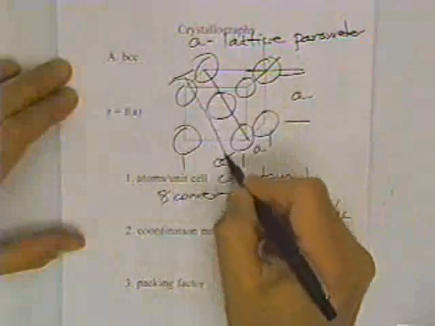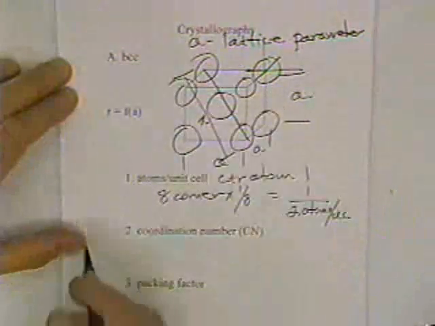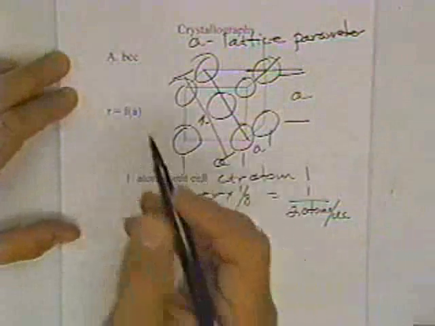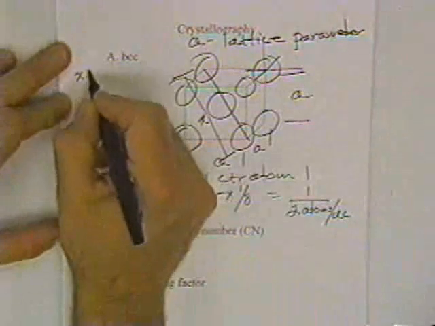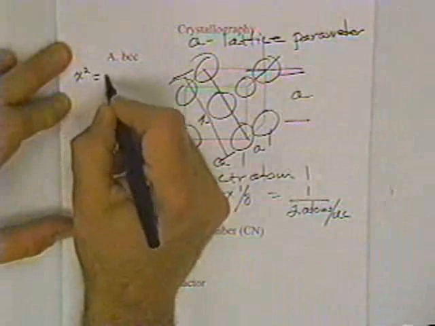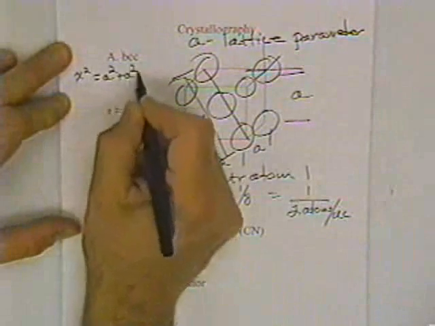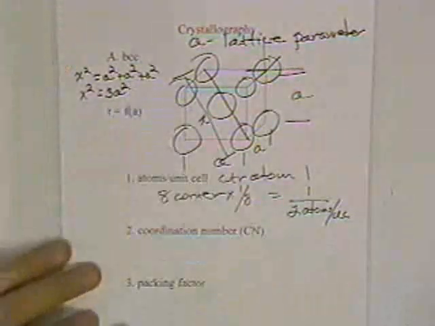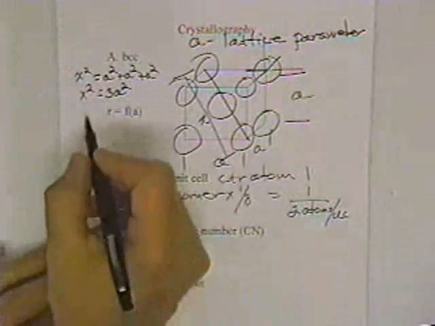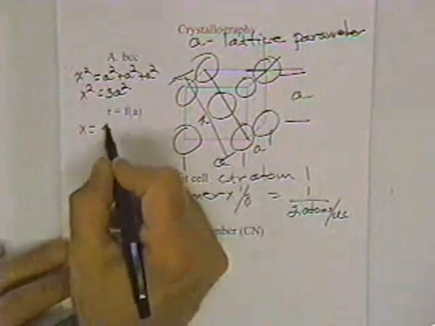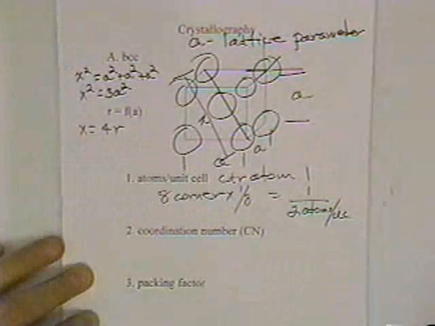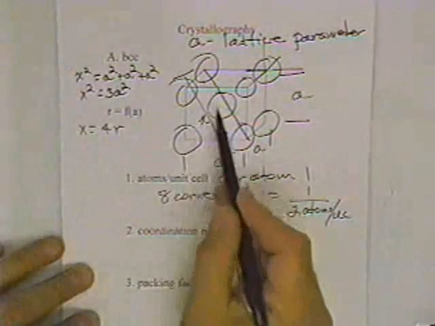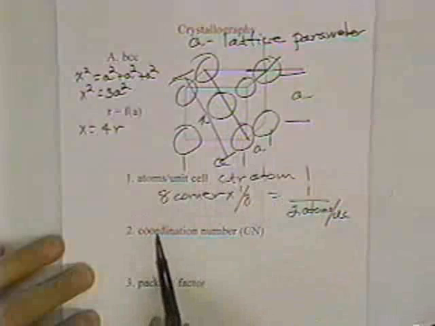We will call this distance x, and we know from Pythagorean theorem that x squared is equal to a squared plus a squared plus a squared, so that x squared is equal to 3a squared. Now x is equal to 4 times the radius of the atoms: 1, 2, 3, 4.